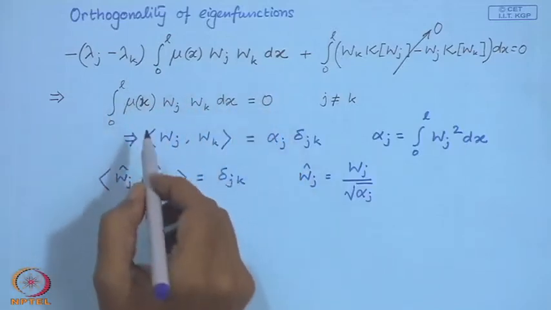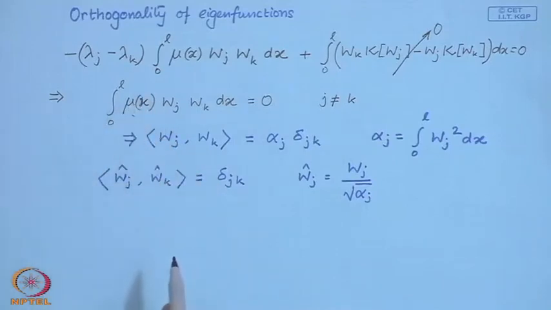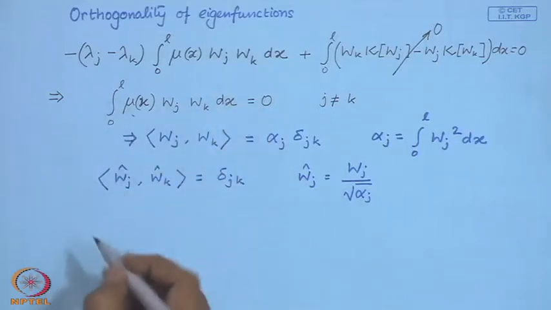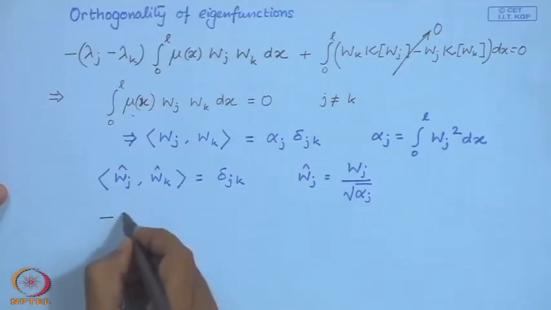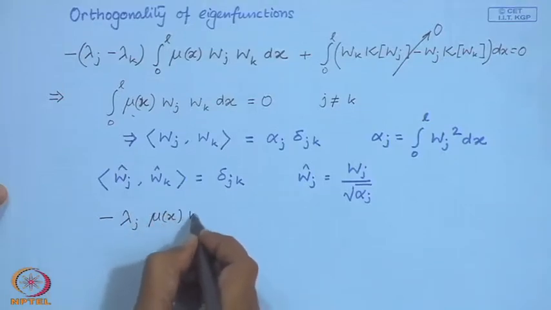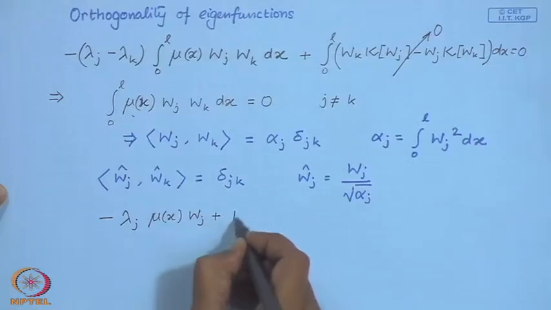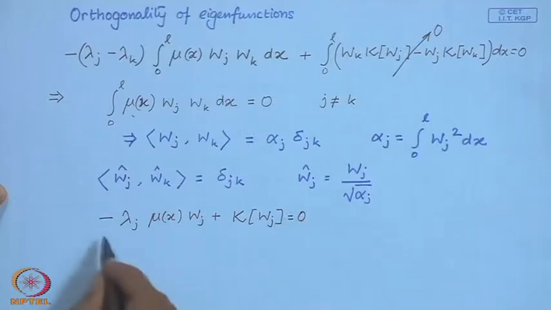So, here we have orthogonality with respect to the inertia operator. If you consider that this mu of x represents the inertia operator, then this orthogonality is with respect to the inertia operator, and correspondingly we can write, for the jth mode, this differential equation.